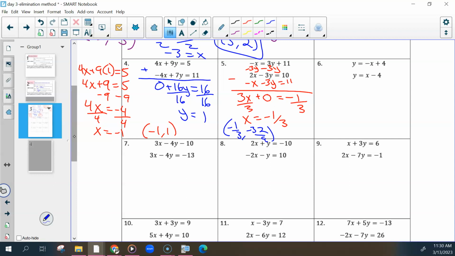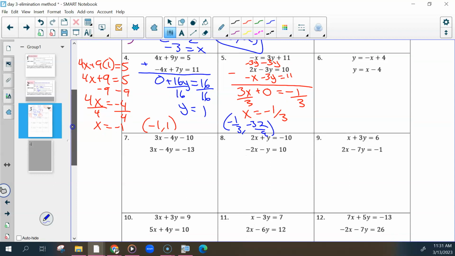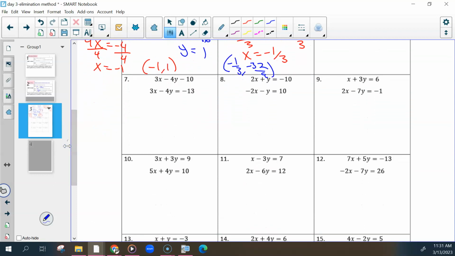Okay. Let's do 7. Which variable has a common coefficient? Yeah, they both do.